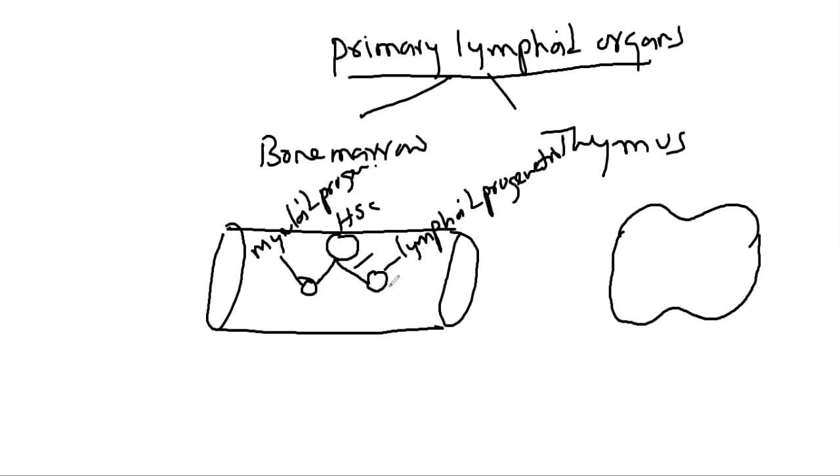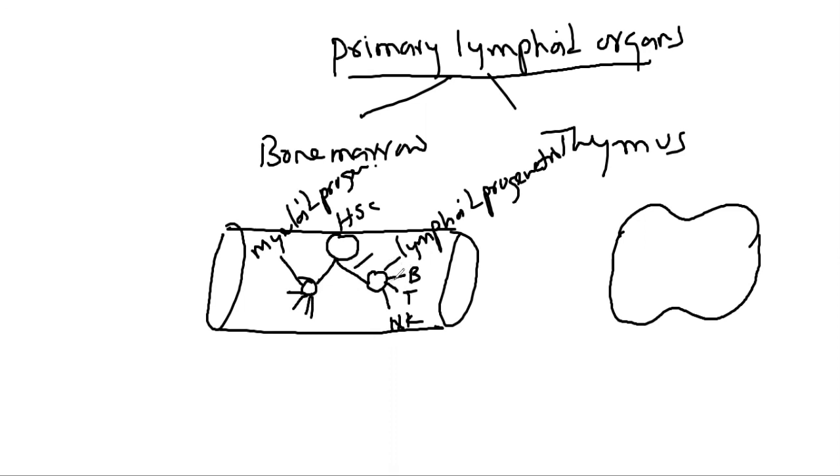The lymphoid progenitor can give rise to three types of cells: B cells, T cells, and NK cells. That means NK is also a type of lymphocyte. On the other side, the myeloid progenitor can give rise to the rest of the blood cells, like RBC and the rest of the WBC.